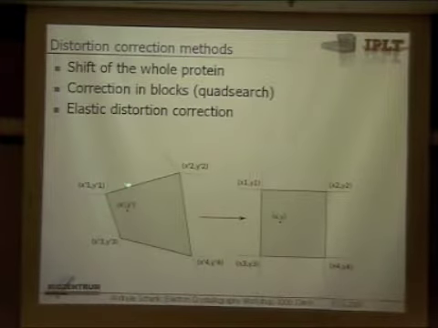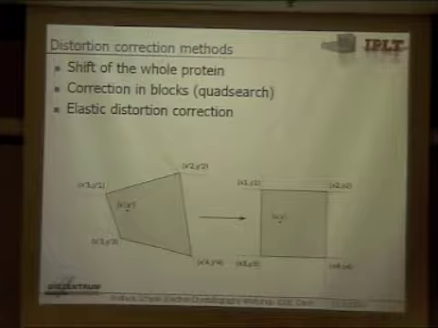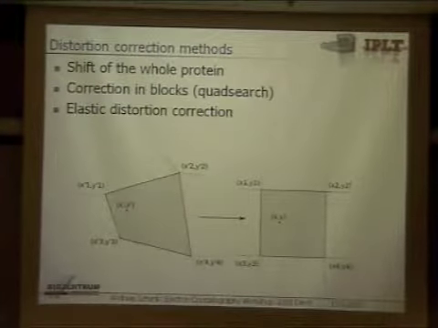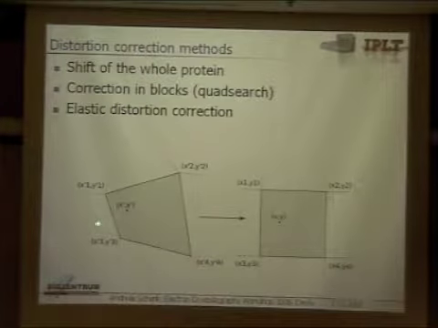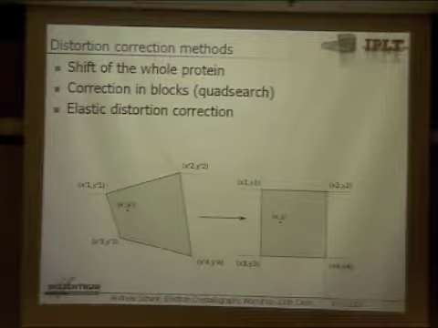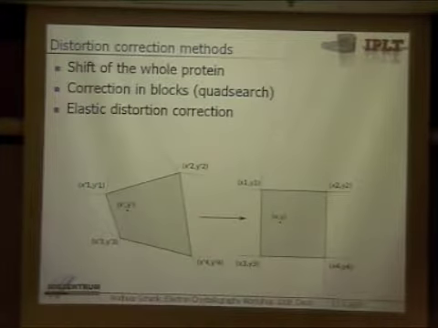You basically treat every individual unit cell individually. If you know from distortion search the 4 corner points of your unit cell, you can basically set up a set of bilinear equations, solve them, and then using these equations, for every pixel here, you can map the corresponding pixel in the undistorted unit cell.